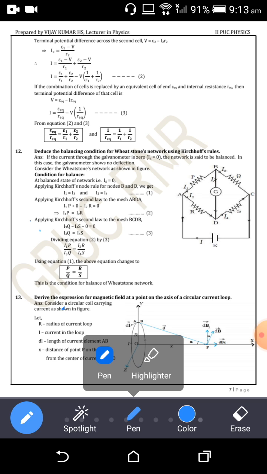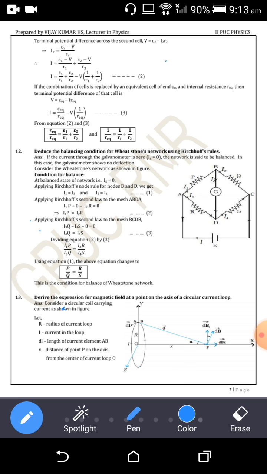So the value of E equivalent comes out to be E1 plus E2. Okay, so this equation has been written in this form here, where you can see in the place of E1 plus E2 we have written E equivalent. E equivalent is equal to E1 plus E2, right?